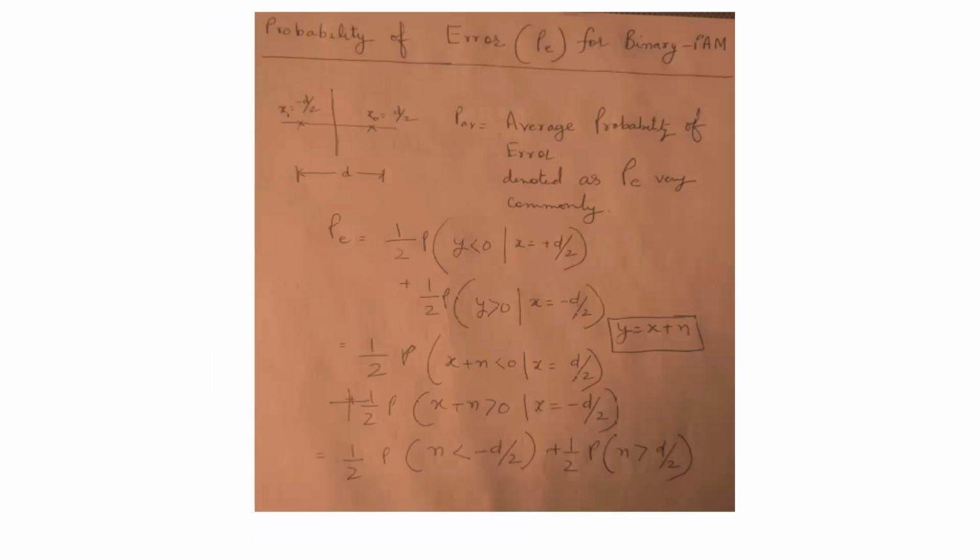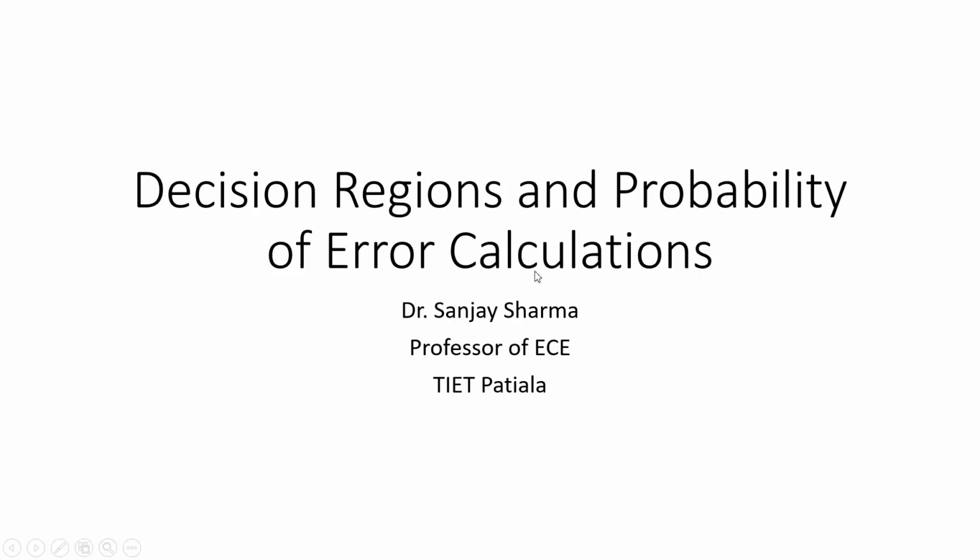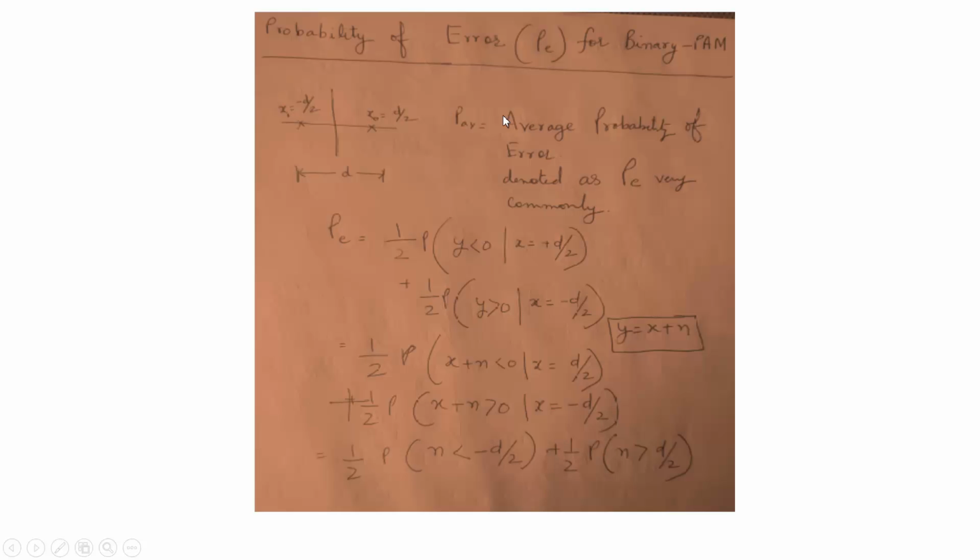Now, let me summarize what we have done. We wanted to explain the probability of error calculation and what decision regions are. So I will come to the main part, decision regions, once again. We started with the case of binary PAM, in which 2 signal points are there. We say that an error will be made when y is less than 0 but the transmitted was x equal to plus d by 2, or y is greater than 0 when the transmitted was x equal to minus d by 2.